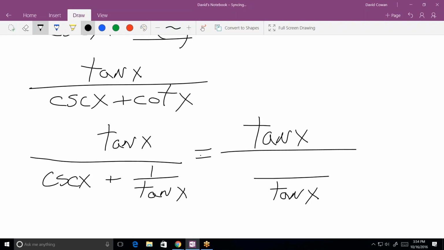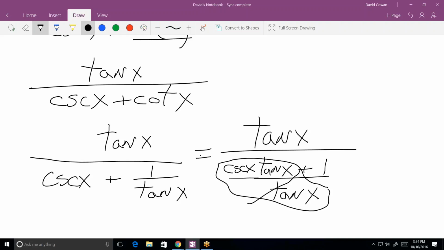And then up here, this must be cosecant x times tan x plus 1. Now, you see how that was done? When I found the common denominator, those are the two fractions we were dealing with. That one and that one.